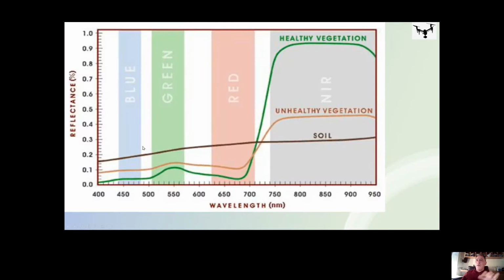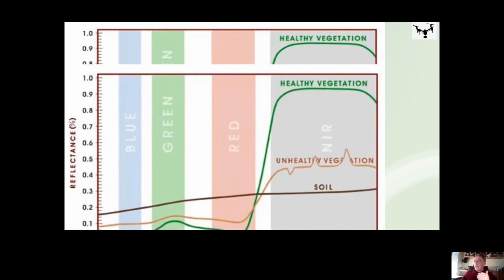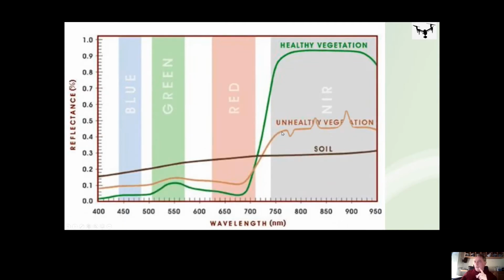Do you remember this graph? We talked about the blue being the absorption, the green reflectance, which is why plants look green, red is absorbent, and then we have the red edge leading up to here. Now, if you look here, what we can actually demonstrate and what we can filter out is actually peaks and troughs in the infrared reflectance curve.